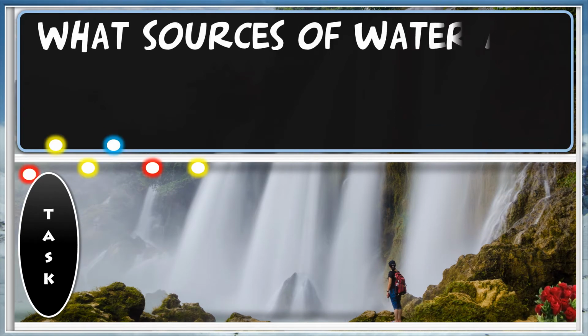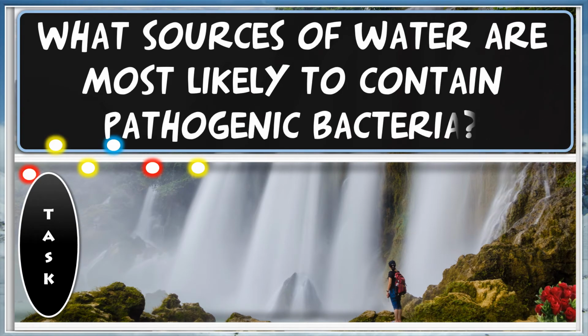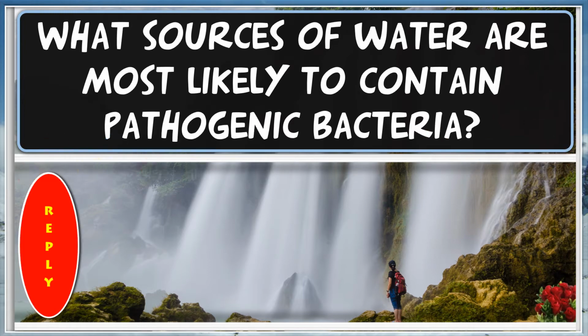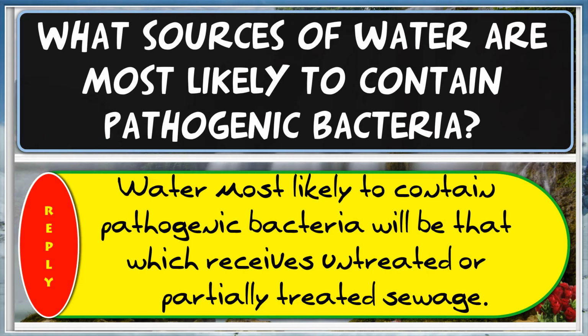What sources of water are most likely to contain pathogenic bacteria? Water most likely to contain pathogenic bacteria will be that which receives untreated or partially treated sewage.